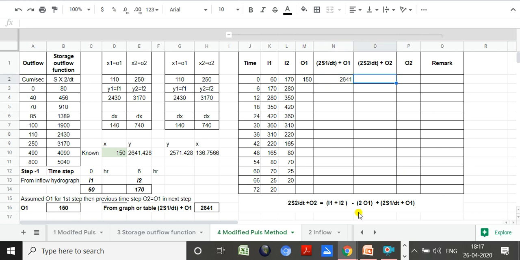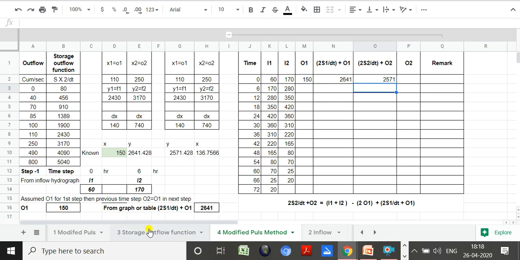Now 2S2 by dt plus O2 equals I1 plus I2 minus 2O1 plus 2S1 by dt plus O1, so here it is 2571.